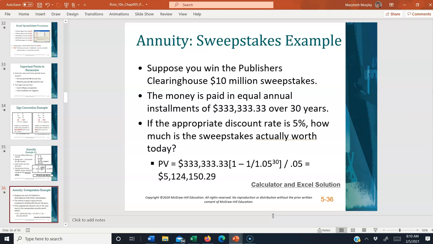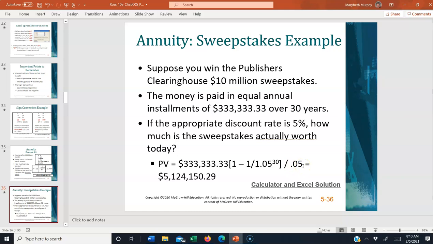Okay, it would be the 33,333 times 1 minus 1 divided by 1.05 to the 30th power, divided by 0.05. So it's 1 minus 1 divided by R to the T, the time, which is 30 years, divided by 0.05.